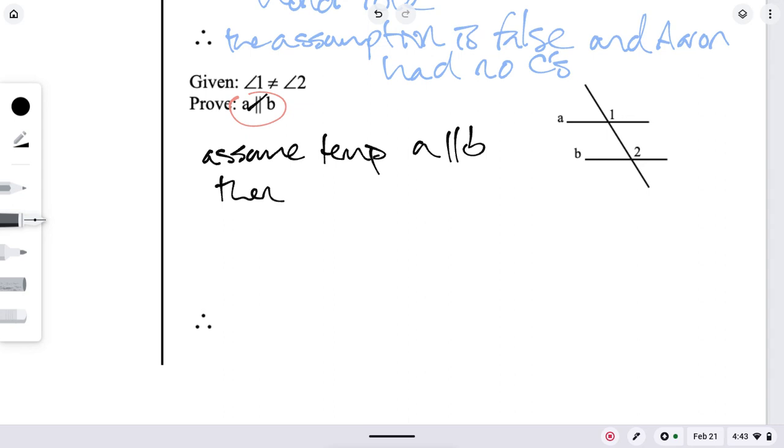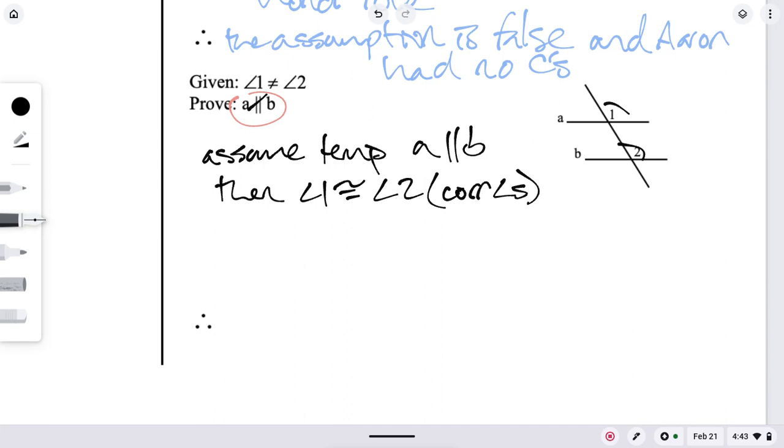Then, because those angles 1 and 2 are corresponding to one another, angle 1 would be congruent to angle 2 if those lines were parallel, if A and B were parallel. Again, we know that's because corresponding angles are congruent if and only if parallel. But I just need to maybe say, oh, they're corresponding angles, because otherwise this isn't a regular proof. I don't have to actually list out every step.